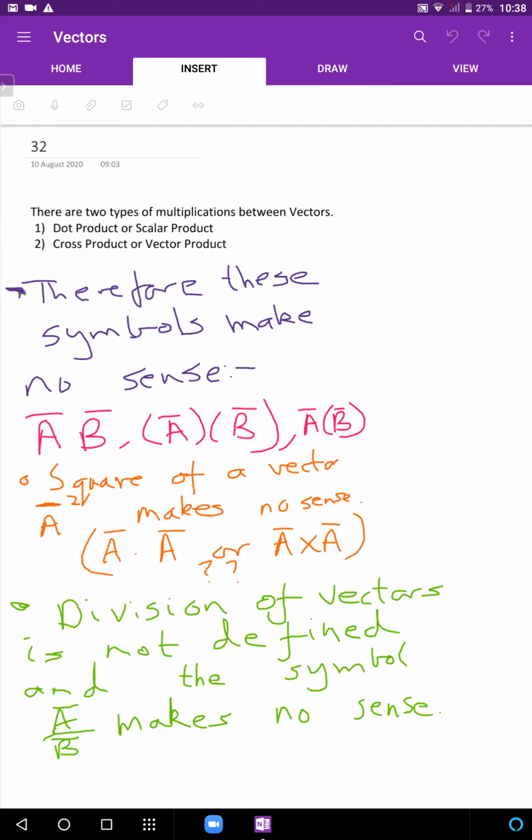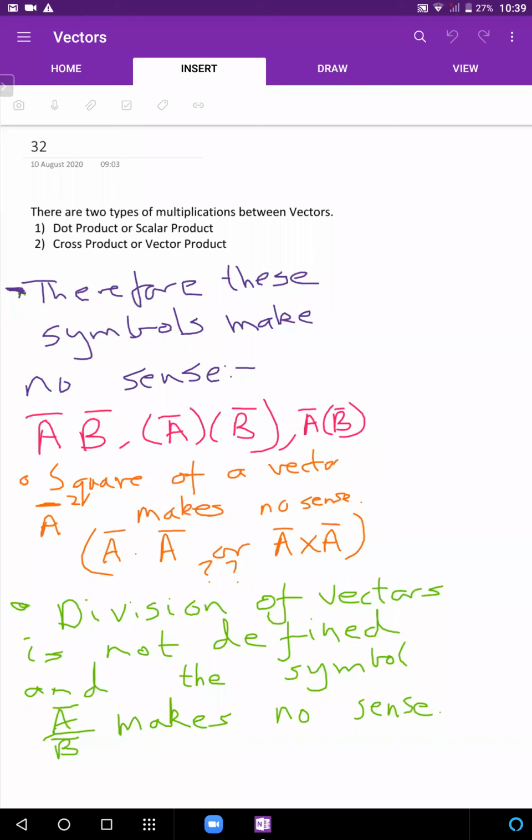Cool, ready to start multiplication of vectors? All right, so there are two types of multiplication between vectors. Remember, this is maths, so don't get into why and how and all that. We are defining it this way.